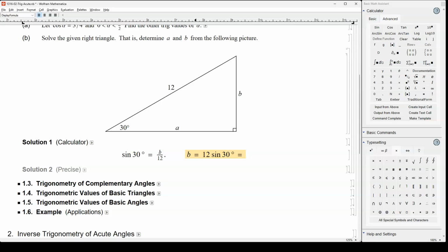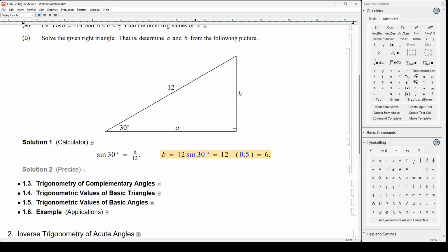And then if you punch into calculator, what is sine of 30 degrees? You're going to get 0.5. So this is going to be precisely 6. So sine of 30 degrees, use your calculator, you're going to get precisely 0.5.